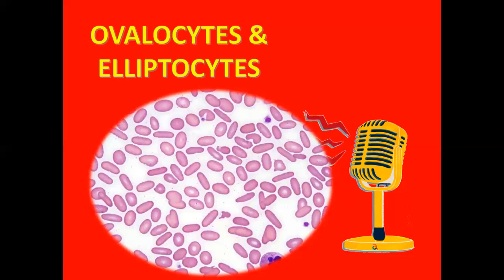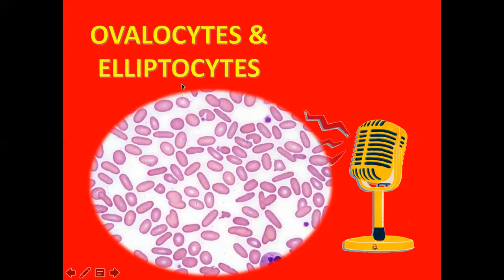And smaller numbers of these poikilocytes, maybe 10%, may be associated with iron deficiency anemia, megaloblastic anemia, sickle cell anemia, thalassemia, and myelodysplastic anemia.